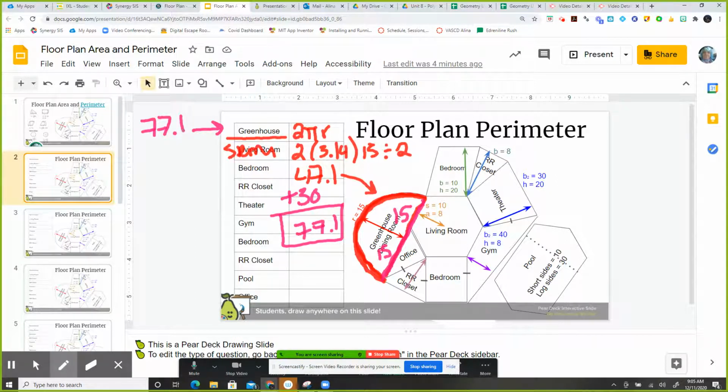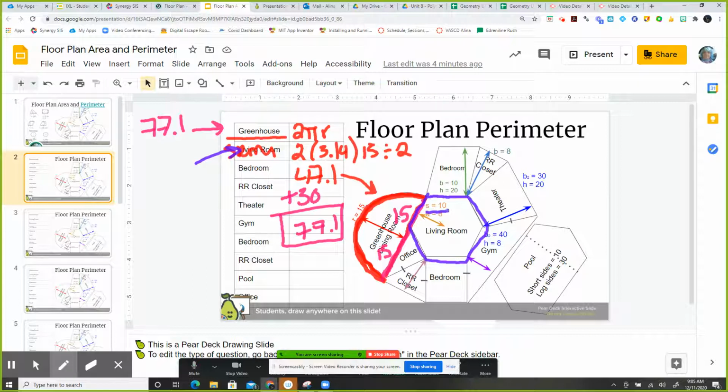Let's pick another shape. Should we just go to the living room and do the next one on the list? Okay. So let's do the living room. Perimeter of the living room is how many sides? 6. And I've told you that S equals 10.